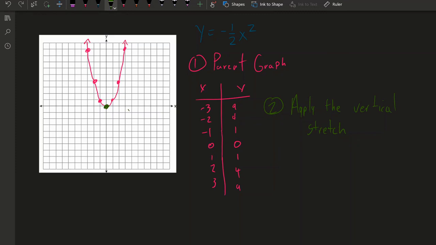Now for this second one, again, this is 1, 1. I'm going to leave the 1 alone, but then I'm going to go 1 times -1/2, and that's -1/2. So that means 1, -1/2 is going to be right there.